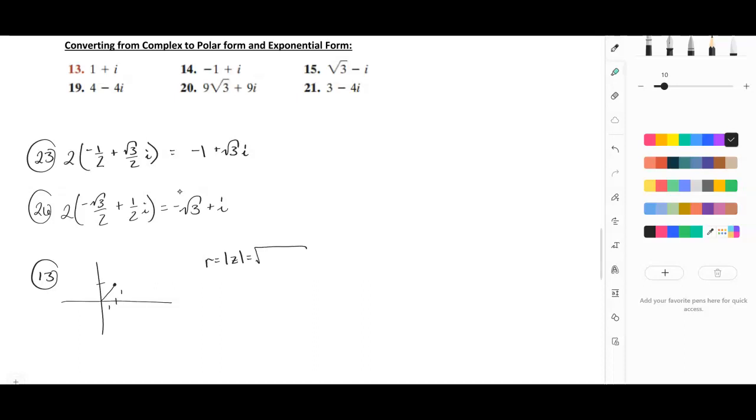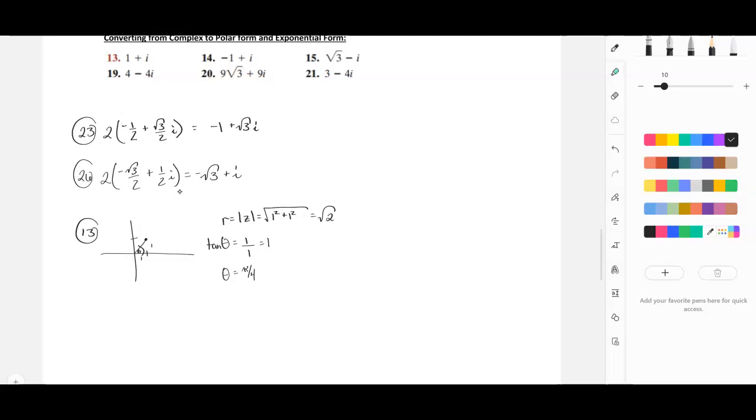It's going to be the square root of x squared plus y squared, which is the square root of 2. Then we've got to figure out what theta is going to be, and to find theta we're going to use tangent. Tangent of theta is equal to opposite over adjacent, y over x. And where is the tangent equal to 1? That's at pi over 4.